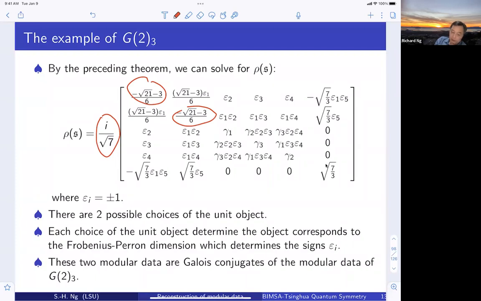Then you can see that these 2 possibly are indeed Galois conjugates, the modular data of G2 level 3, again coming from a quantum group. So I just showed you those which are possible. Those which are impossible take more time to eliminate sometimes.